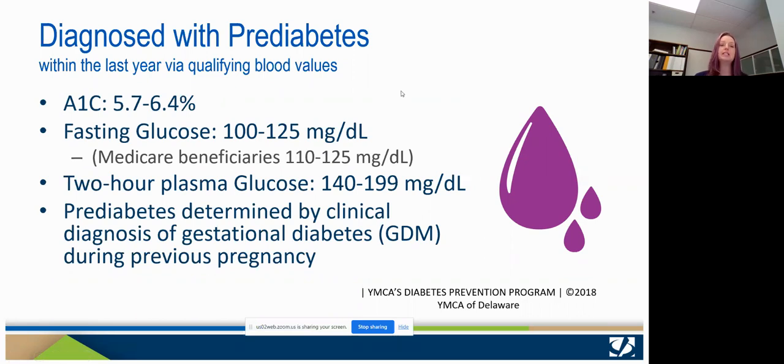For Medicare beneficiaries, it's a little bit of a smaller range because Medicare likes to have their special rules. So it's 110 to 125, and then a 2-hour glucose of 140 to 199. As long as these blood values are from the past 12 months, they would help qualify the patient for the Diabetes Prevention Program, as would a female who has any history of gestational diabetes.